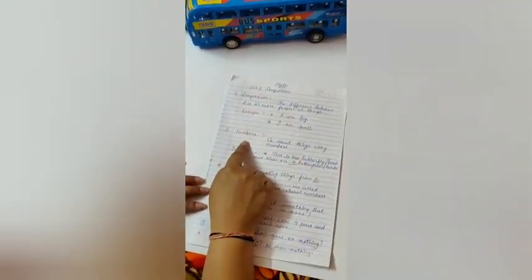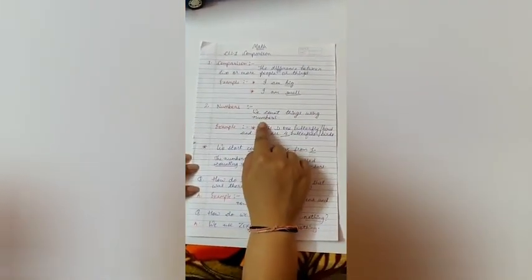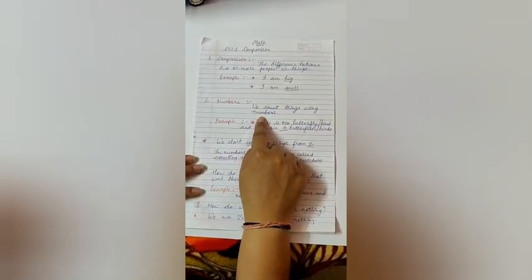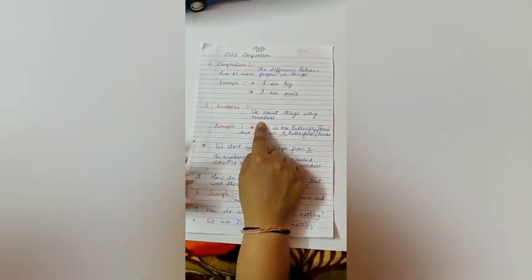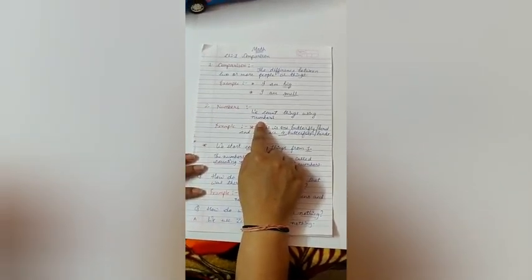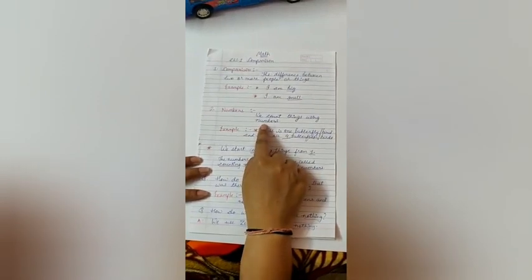The second meaning is of numbers. We count things using numbers. If we want to count anything, number of persons, number of animals, number of flowers, we need to count. And how are we going to count? Using the numbers.